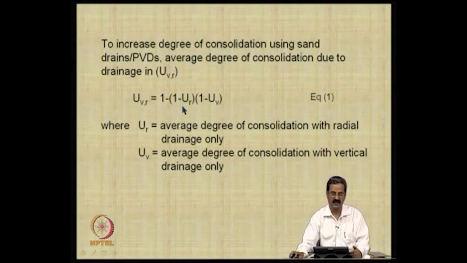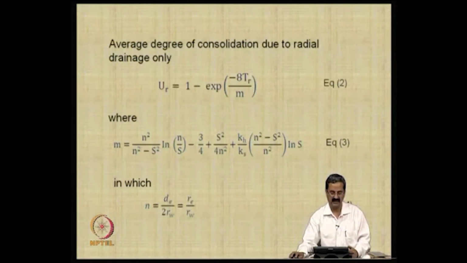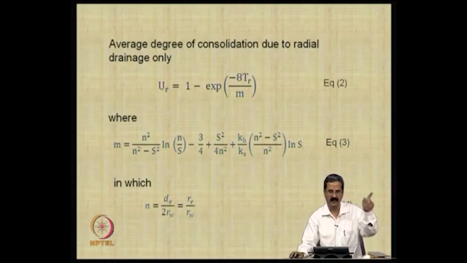This is a function of, as you just saw, the permeability of the soil, and the diameter also plays a role, as does the number of sand drains, how many sand drains you have to put finally. All these things are important, and once you know that, you calculate and use the regular equations, so one can get a simple degree of consolidation with drains and without drains.